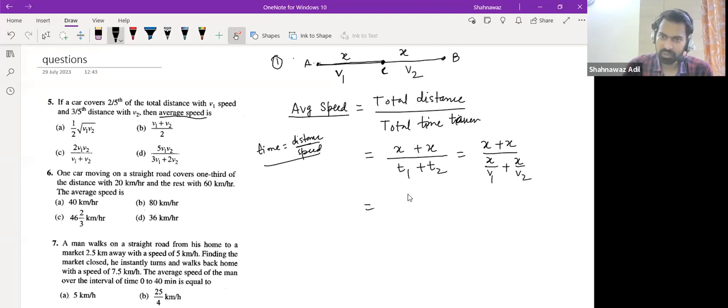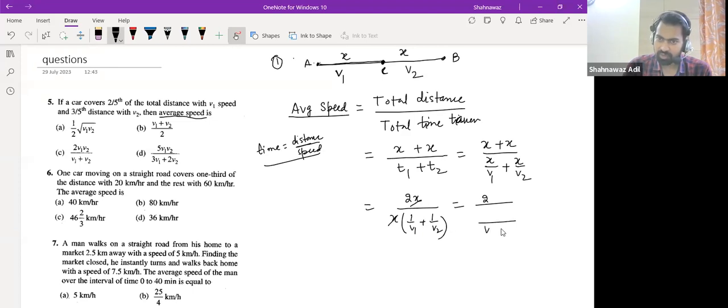So we have 2x in the numerator, and in the denominator we can take x common. So this is 1 by v1 plus 1 by v2. So x cancels, and we have 2 by the LCM of v1, v2, which is v1 v2, so v2 plus v1.